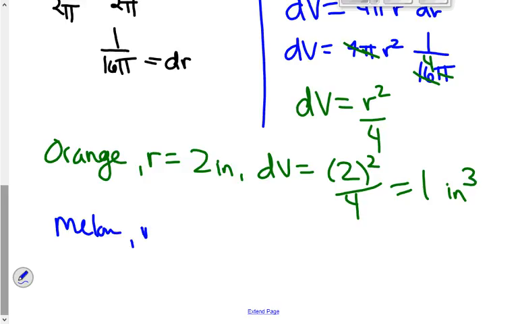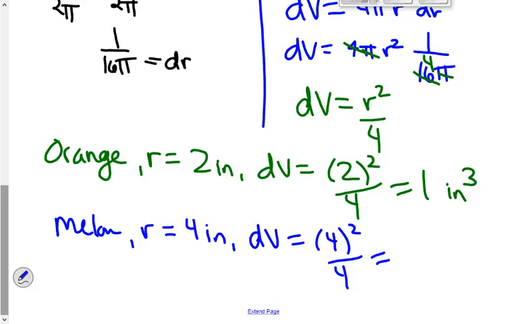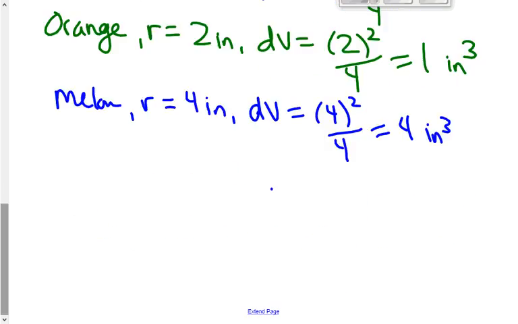My melon has a radius of what? 4 inches. So again, we can figure out dV. So that's going to give us 4 squared over 4, or what's that error going to be? 4 inches cubed. And finally, my big old beach ball, r is what? 7?